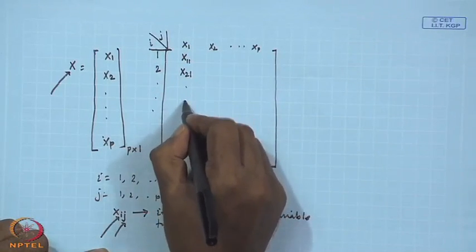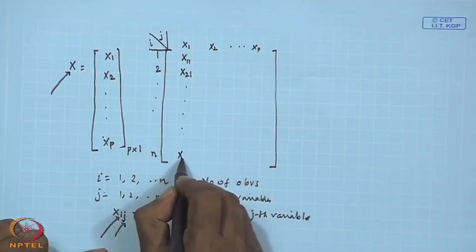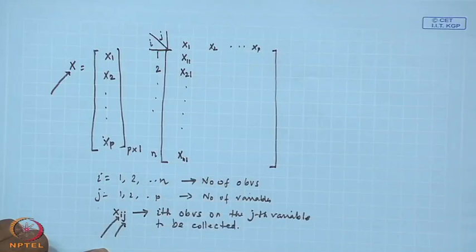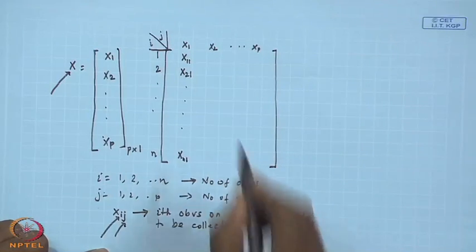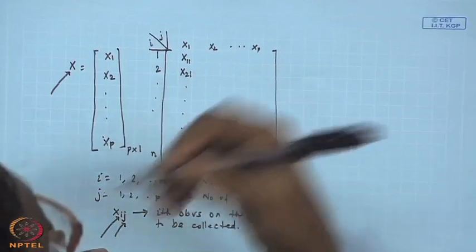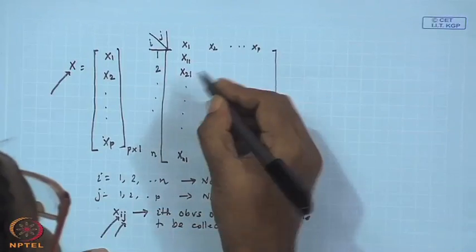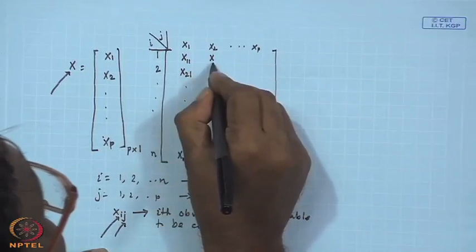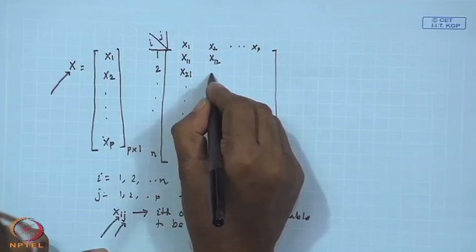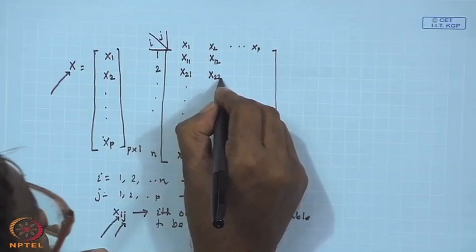So, like this you are writing observation n, variable 1. My observation on the second variable will be x observation 1, variable 2, x observation 2, variable 2.